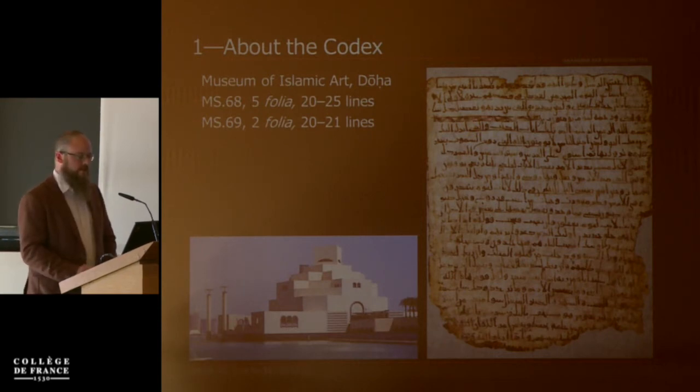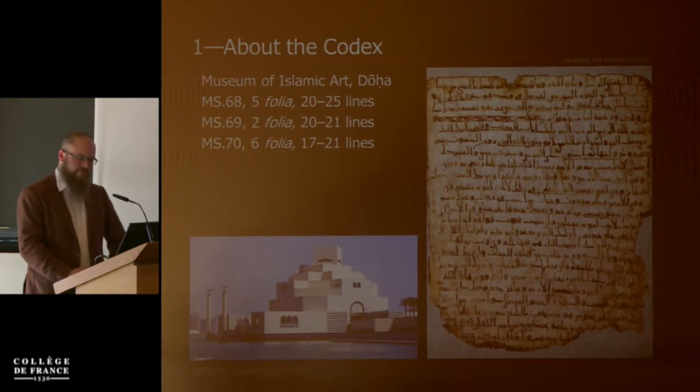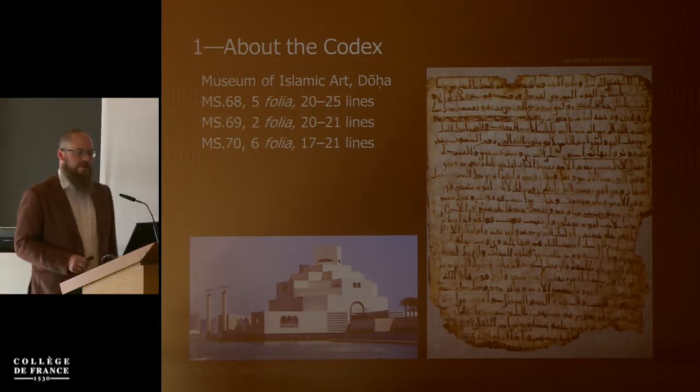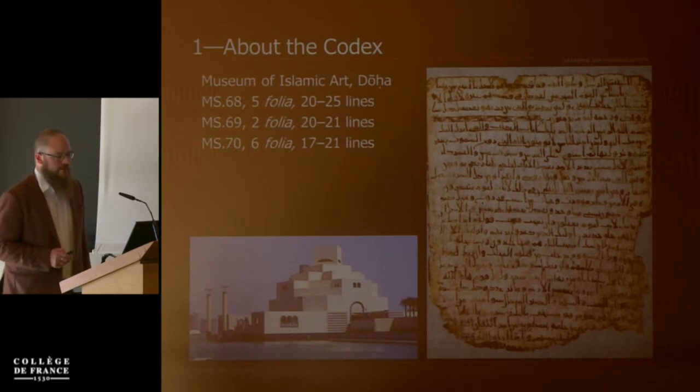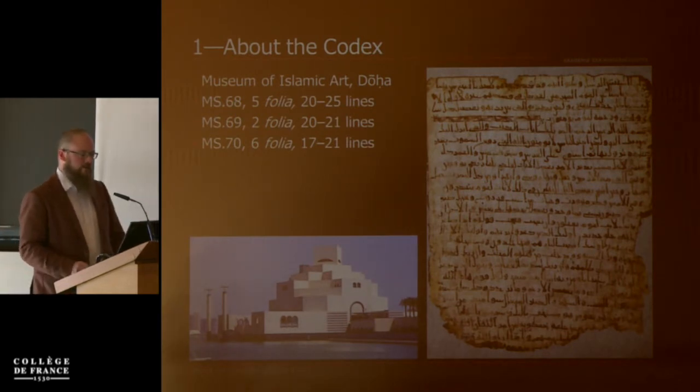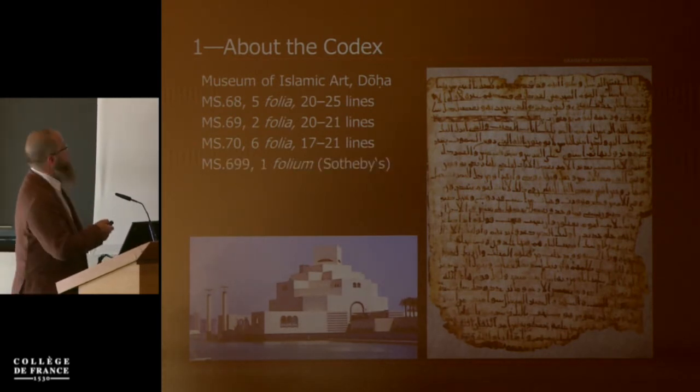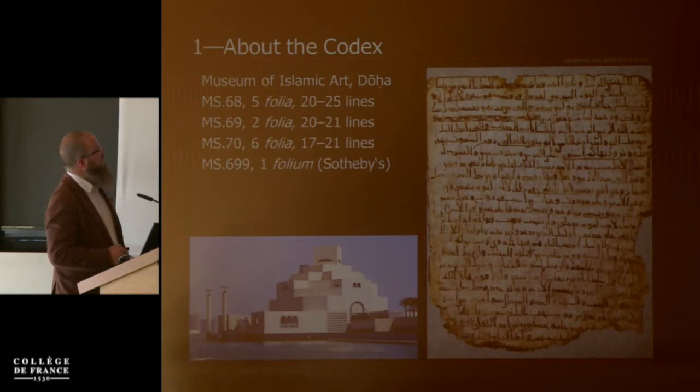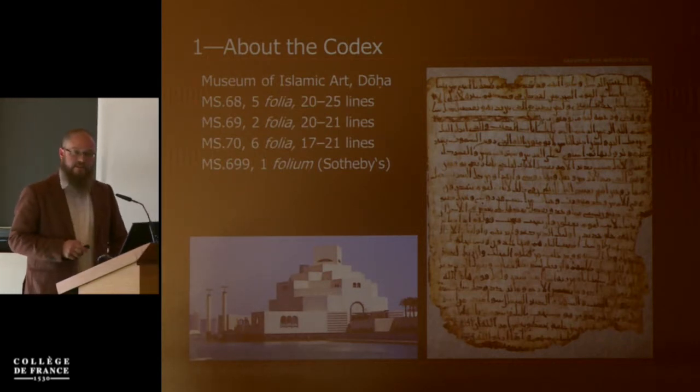It has only 20 or 21 lines, which is quite out of the average. And MS 70, with 6 folia, has a line number ranging between 17 and 21 lines, which looks a little bit odd compared to the other ones. Yes, and the last signature now, MS 699, is the Sotheby folio.